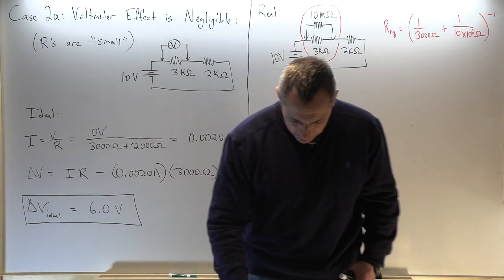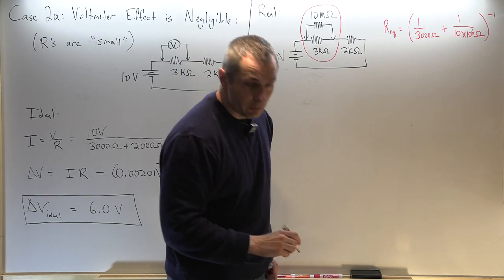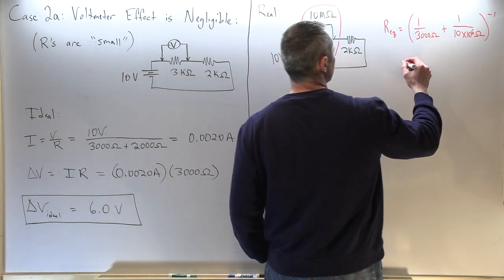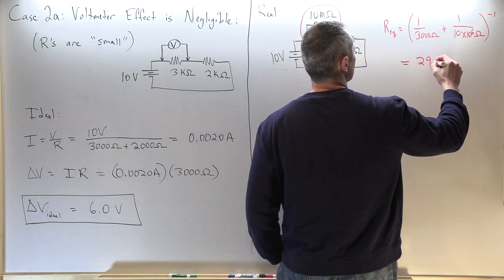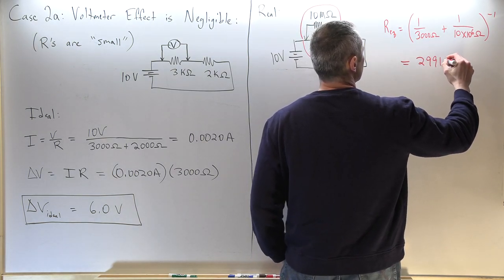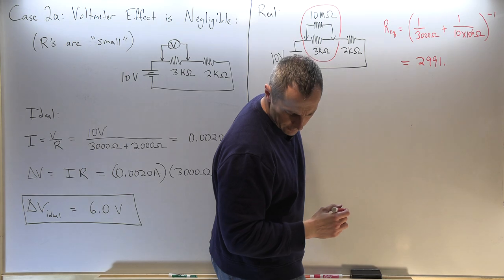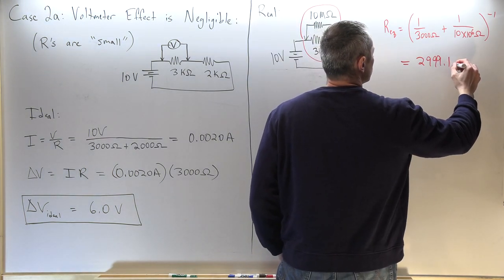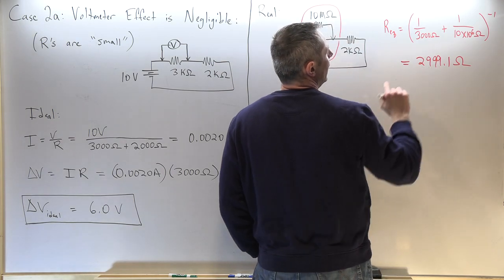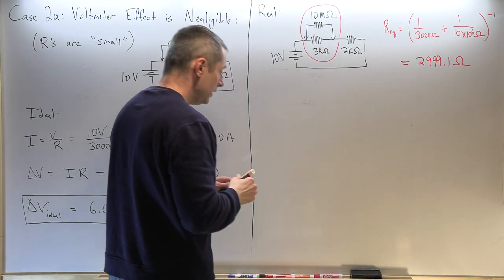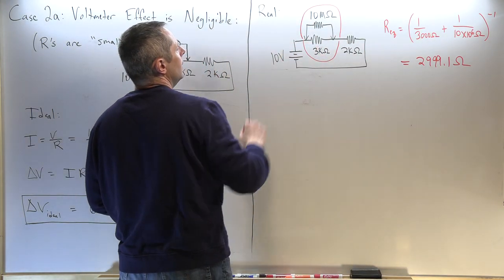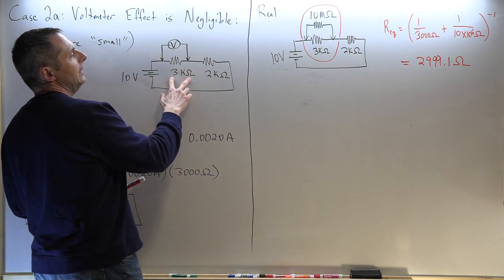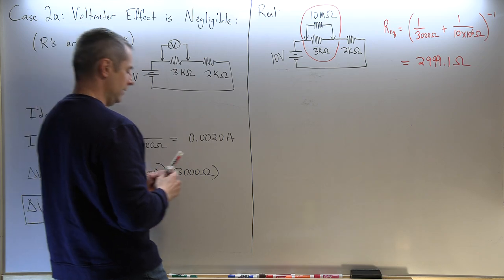Punch that on a calculator, and it comes out to 2,999.1 ohms. So this circuit isn't really like this with 3,000. It's 2.999 thousand instead.